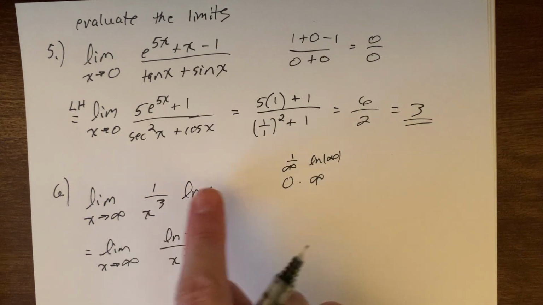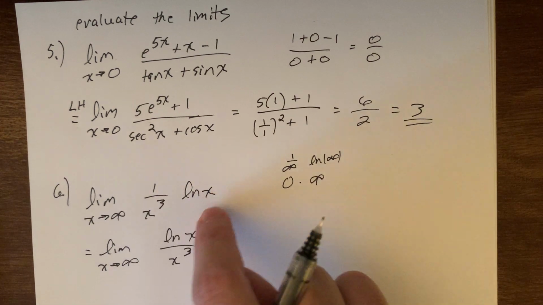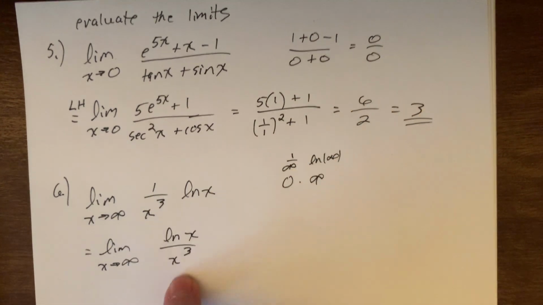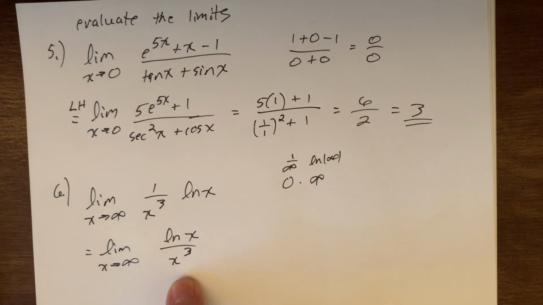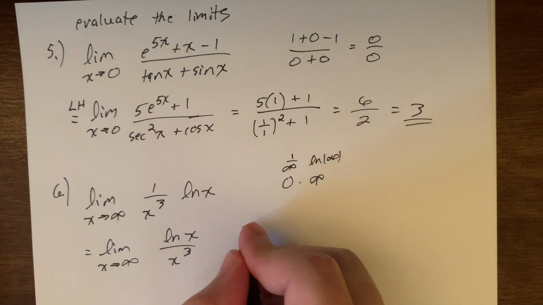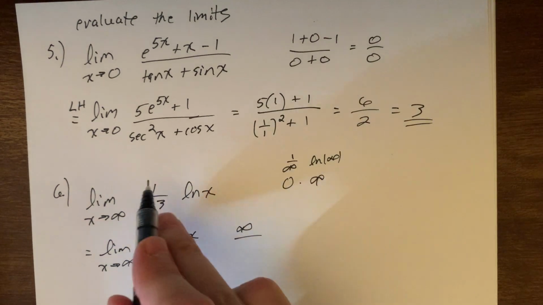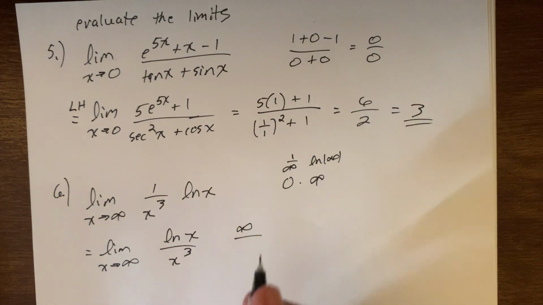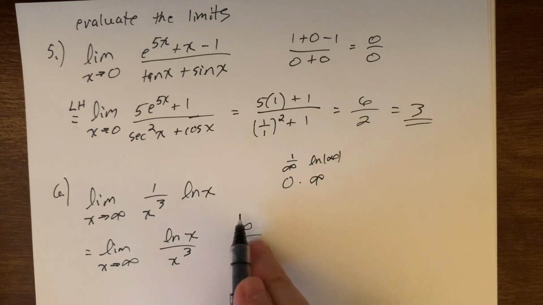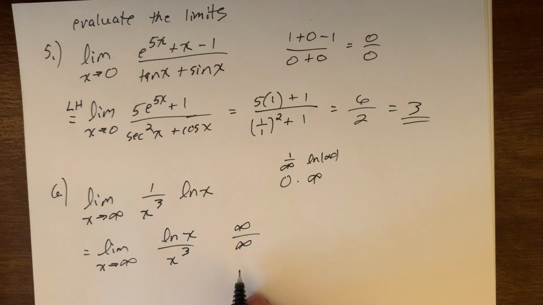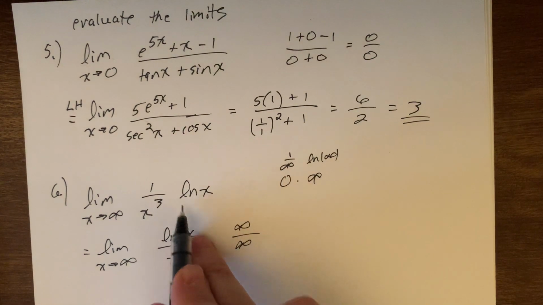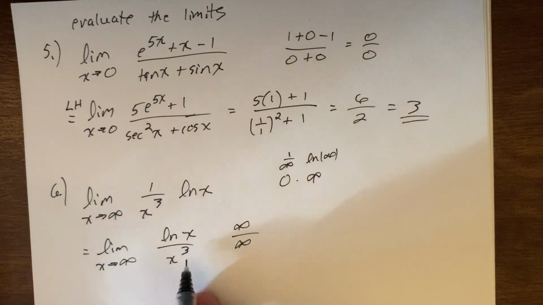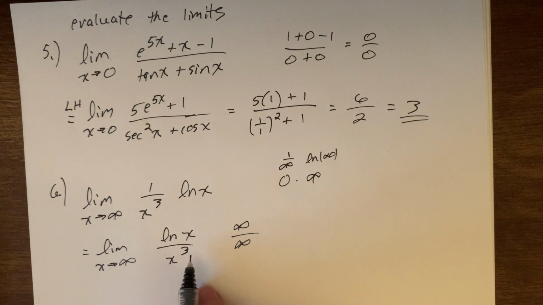So instead of looking at these as two pieces being multiplied, now we're looking at them as two pieces being divided. And that makes all the difference, because now, well, log of infinity is still infinity, but now it's not 1 over infinity cubed. Now I'm just looking at infinity cubed in the denominator, and that is infinity. So we are getting an infinity over infinity. So I couldn't apply L'Hopital's rule like this, but I can apply L'Hopital's rule like this.